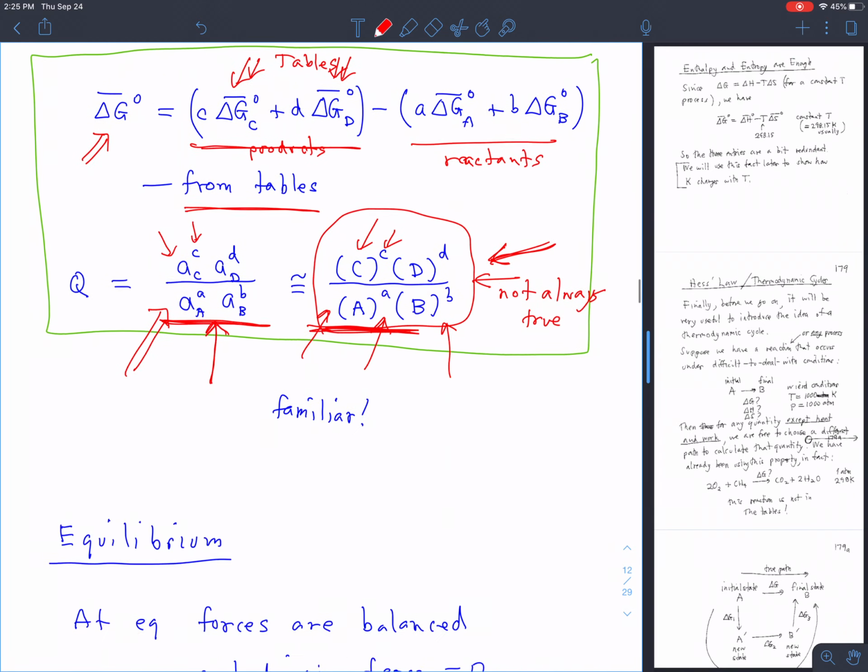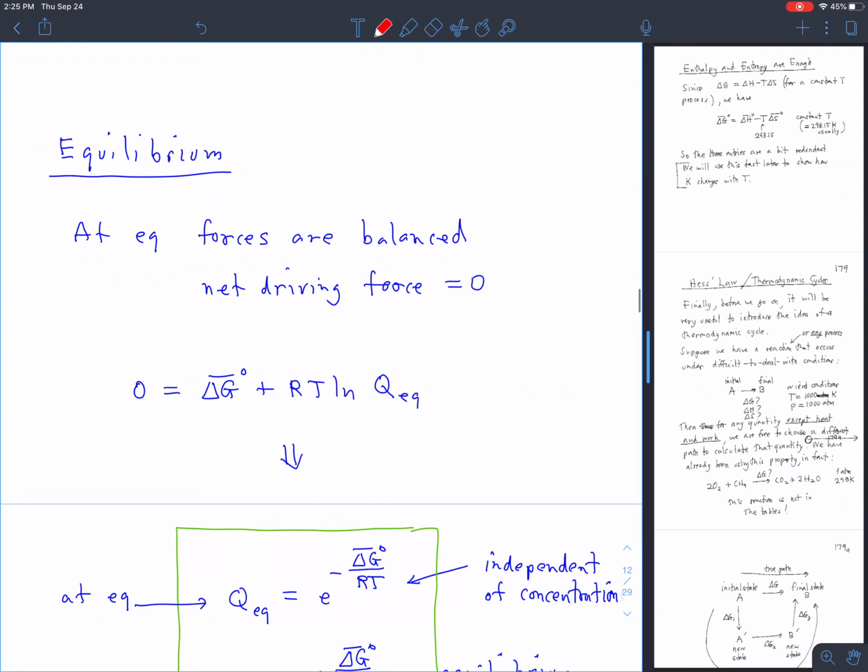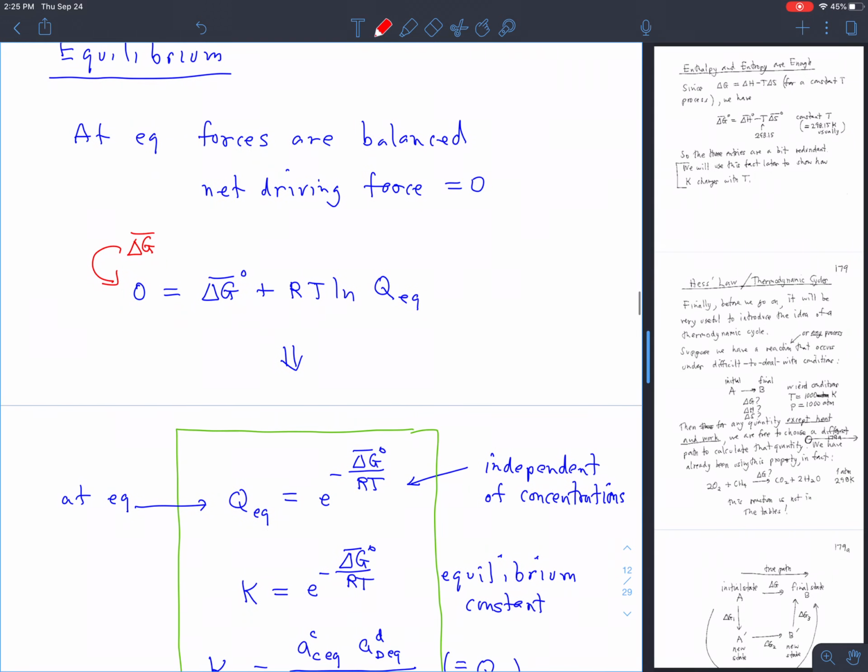So let's consider what happens at equilibrium. If I set delta G here per mole equal to 0, then I can solve for this, and I also set my reaction quotient equal to the equilibrium value of the reaction quotient.